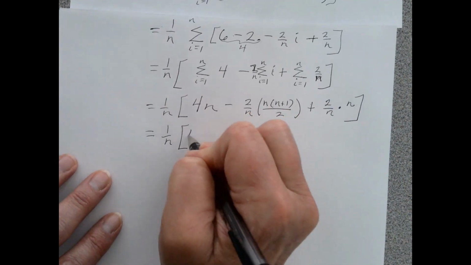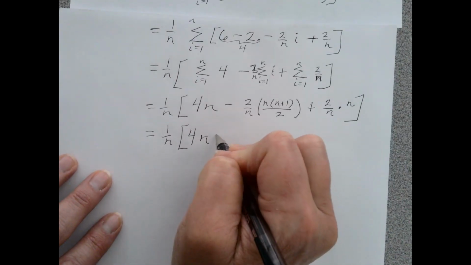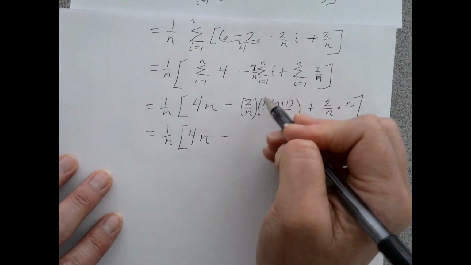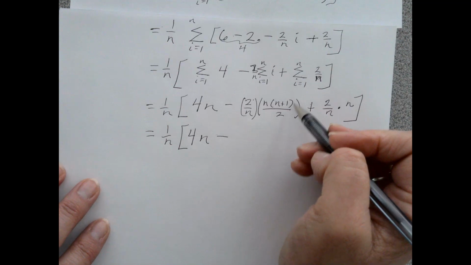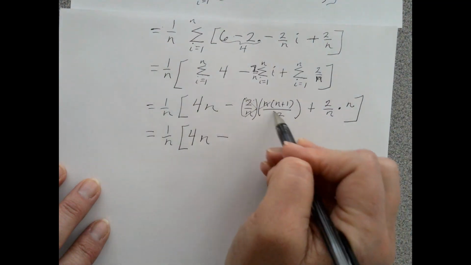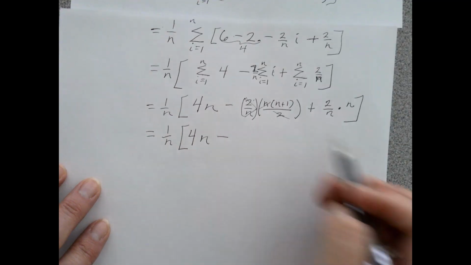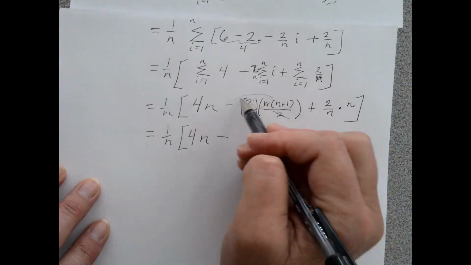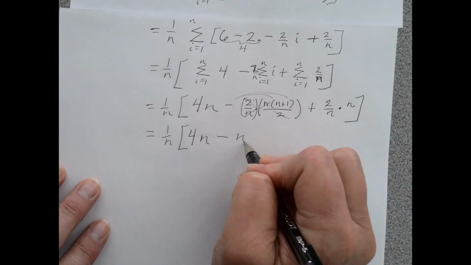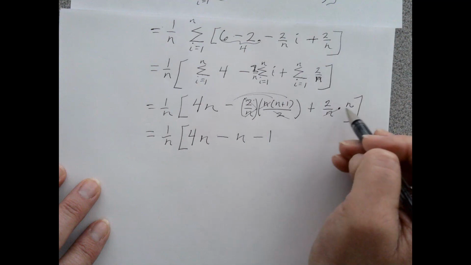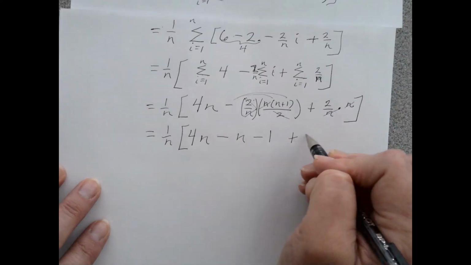Okay, so we just need to do the algebra here. So 4n minus, so this is 2 over n times n times n plus 1 over 2. So those n's can divide out. Those 2's can divide out. So I just have minus n plus 1. So that negative will distribute through. So negative n minus 1. Okay. And then these n's divide out. So that's going to be plus 2.